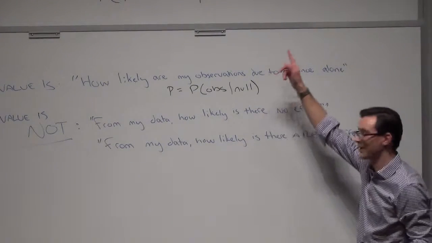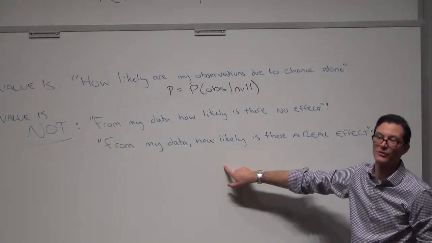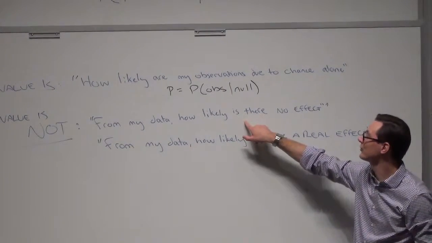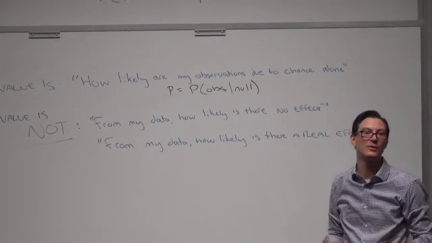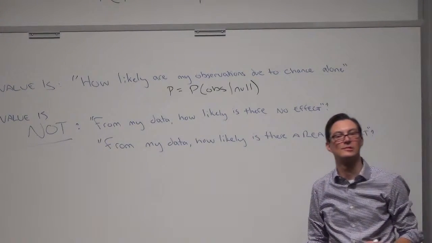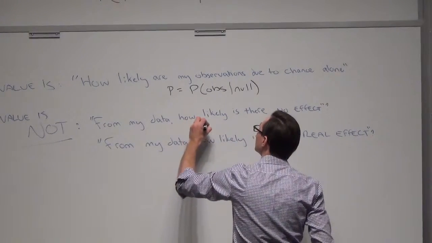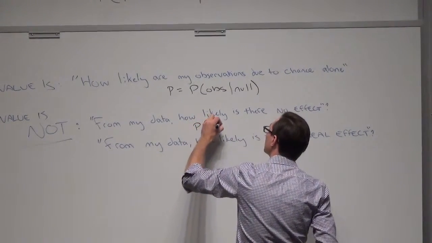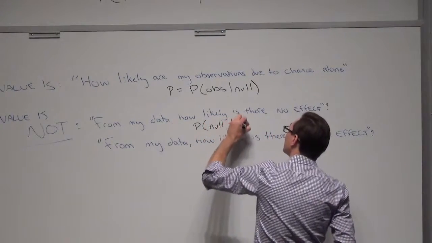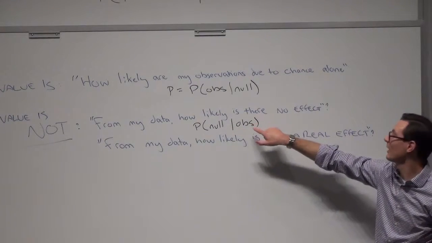So this is just compact notation for the above. What is this question asking? Does anyone want to translate this first sentence into a probability statement? So this first sentence is asking, what is the probability of the null hypothesis given my observations?